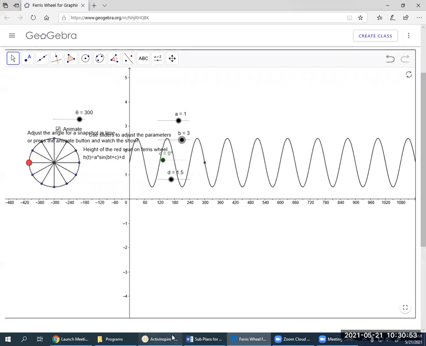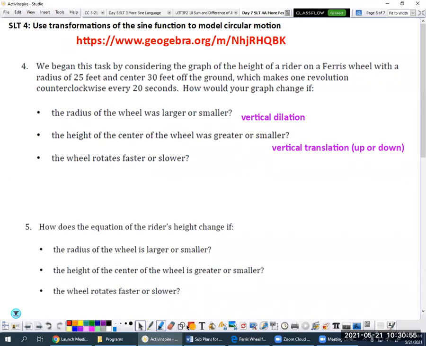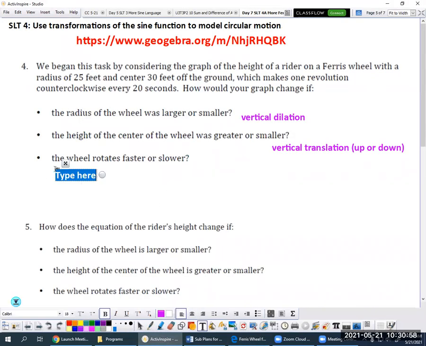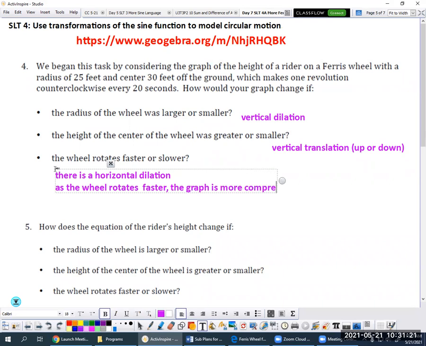All right, so there is a horizontal dilation as the wheel rotates faster, the graph is more compressed horizontally as the wheel rotates.